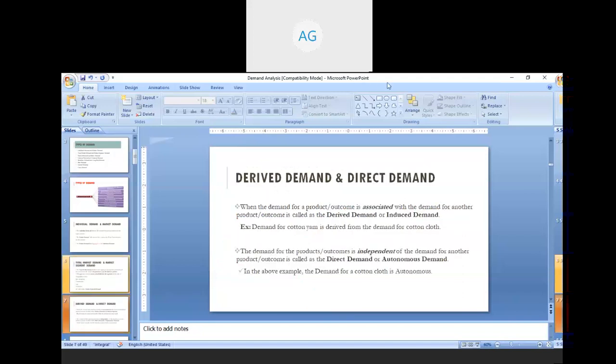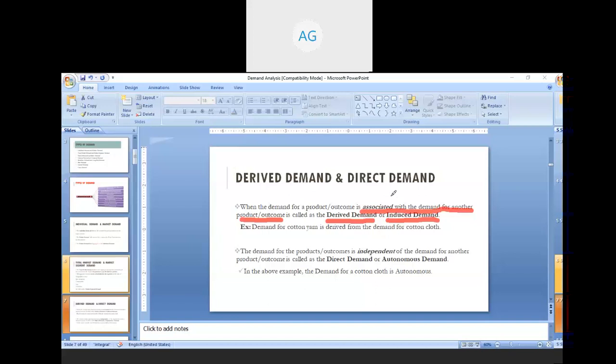The third category is derived demand and direct demand. When the demand for a product is associated with the demand for another product, it is called derived demand or induced demand. So here a particular product's demand is associated with the demand for other products.